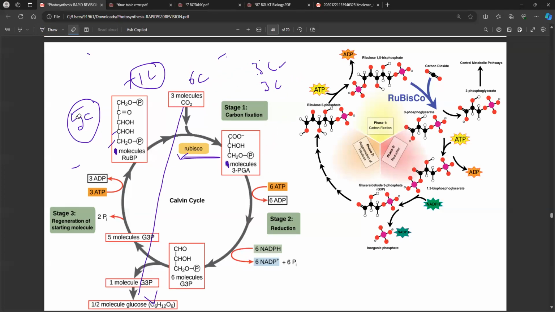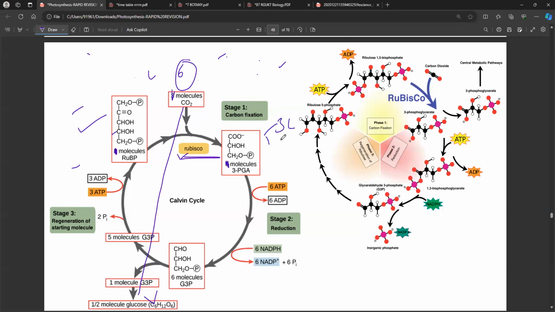No need to get confused with that particular statement. Quickly understand all the students. I want to fix carbon into glucose. For that, I require an acceptor called RuBP. RuBP is a 5 carbon compound that accepts 1 carbon from the atmosphere. 5 plus 1 will become 6 carbon. That 6 carbon breaks down into 2 compounds containing 3 carbon each.